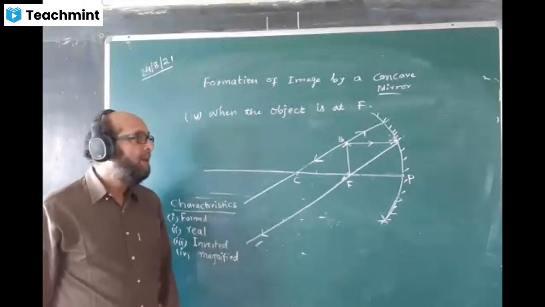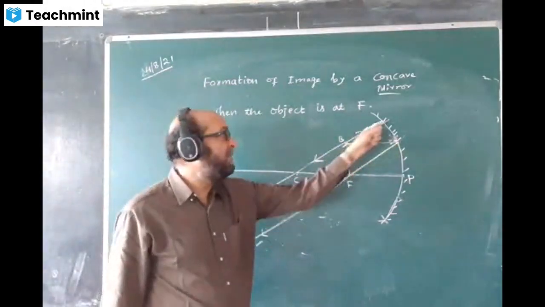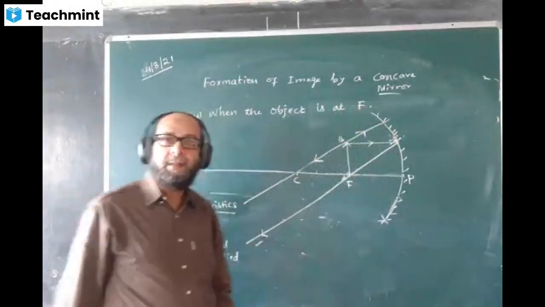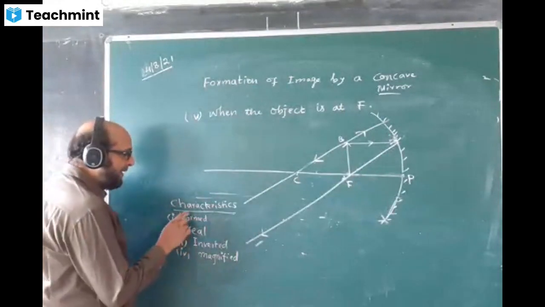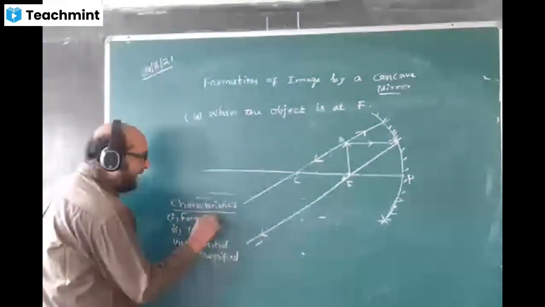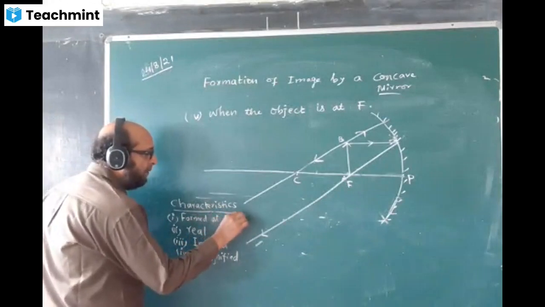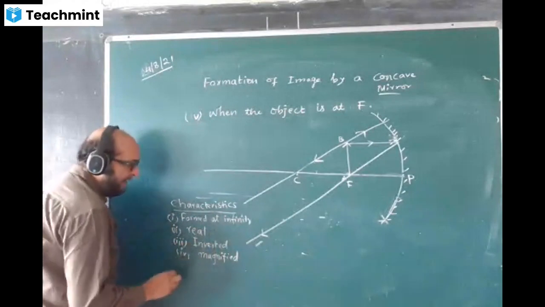Okay, have you drawn it? If your size of the mirror is not sufficient to receive these rays, you can increase the size a little bit. And you can write the characteristic: formed at infinity. Now, real, inverted, and here you write highly magnified.